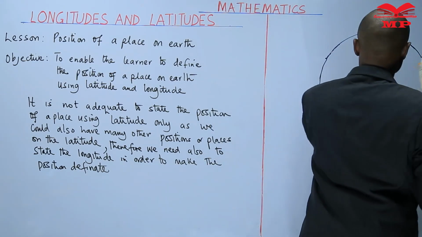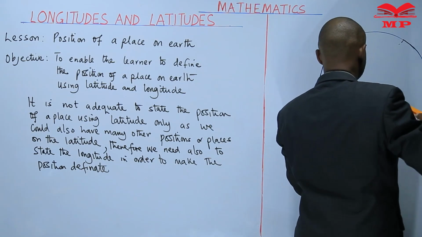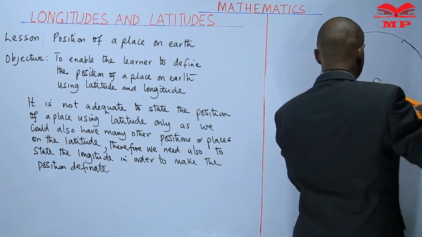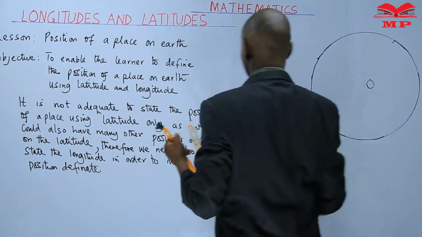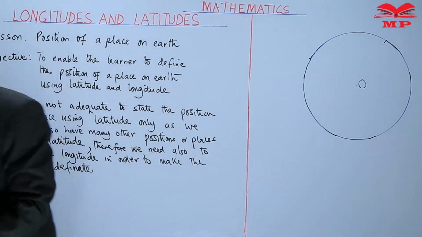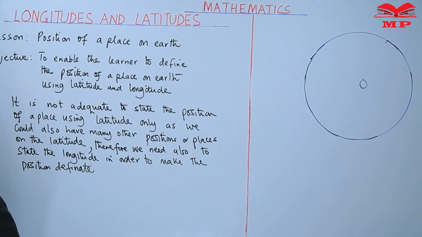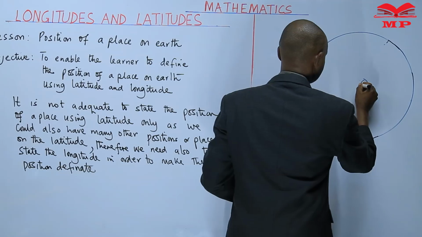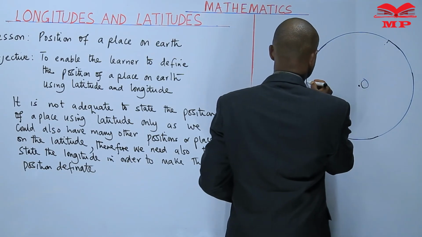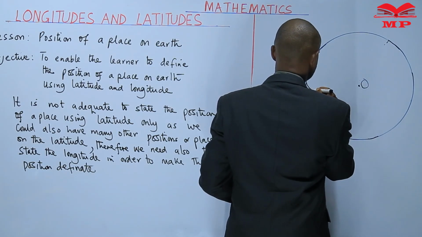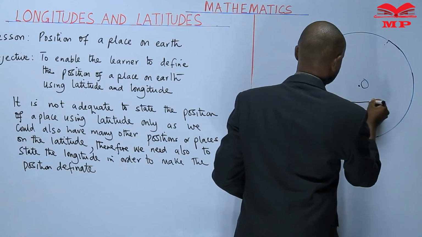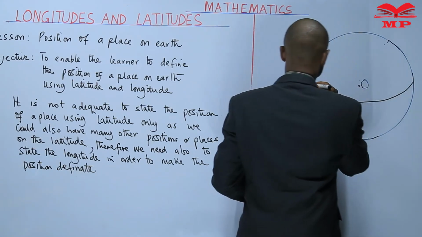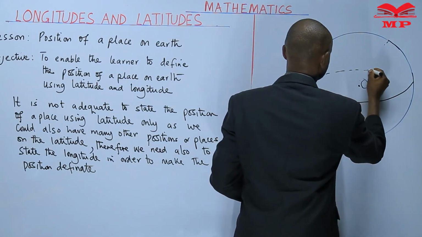So as usual, you'll get used to calling that O the center of the earth. O is the center of that earth. So I can have my determining points, the equator. That is the equator.